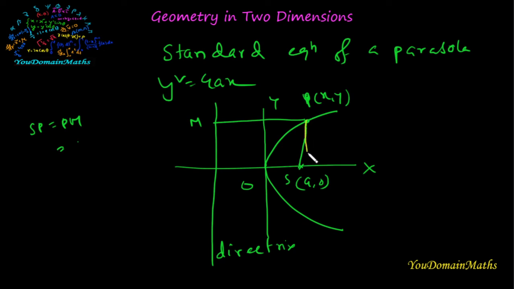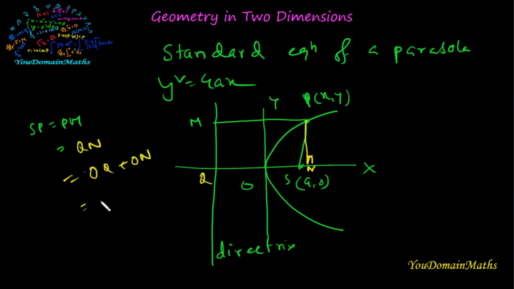Draw a perpendicular line from P to the x-axis, and suppose this point is N. PN equals y and ON equals x. Then PM can be written, with this point being Q, as OQ plus ON.